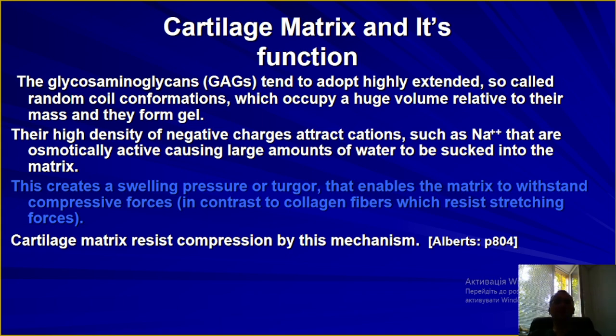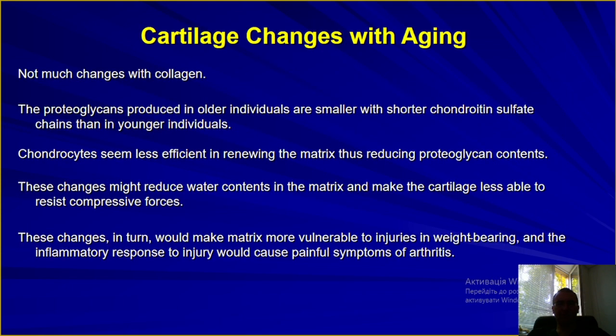Shortening of the hydrophilic tails in aged people. So these glycosaminoglycans are synthesized in that way: they have shorter and shorter glycosaminoglycan tails. So they have less and less property to hold enough water to provide the elastic properties of the cartilage.